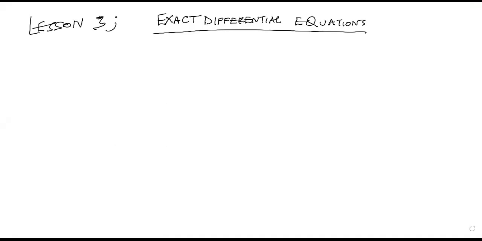So, solving exact differential equations. Before we look at how we can solve them, we need to first look at how an exact differential equation appears.